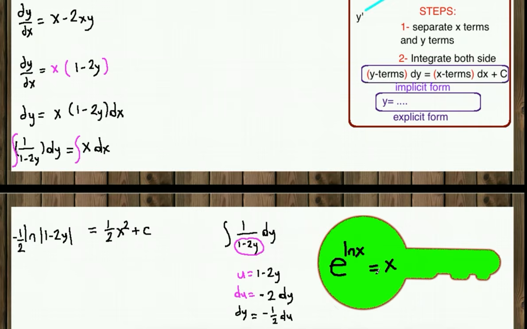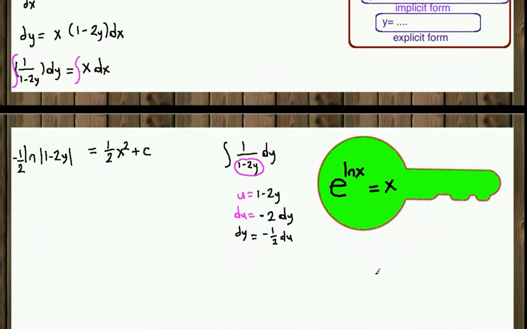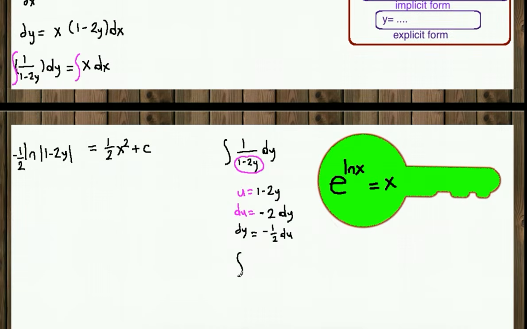Now let's write everything in terms of u. So it's going to be integral of 1 over u, and instead of dy, we write negative 1/2 du. You can pull negative 1/2 to the front and keep du here. Integral of 1 over u is ln of u. And we have negative 1/2 in front, ln of u plus c.